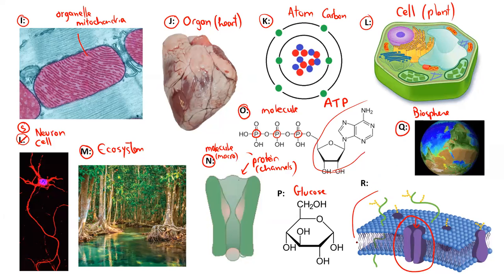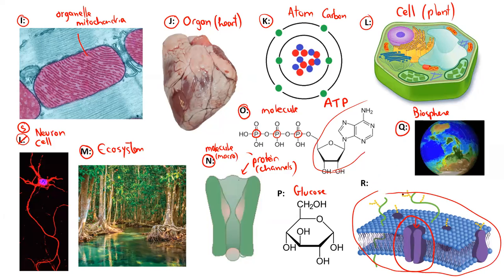Skin. The whole thing. Skin is a cell. Cell wall? Cell membrane. Okay. Yeah, cell membrane. So we can think, if we want, of the cell membrane as an organelle, right?